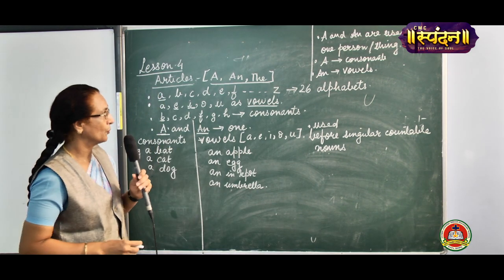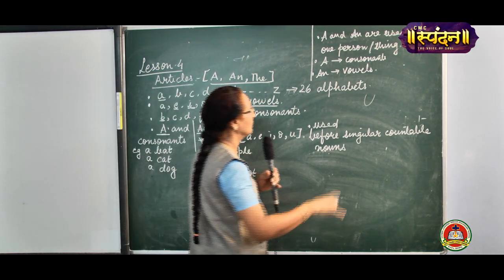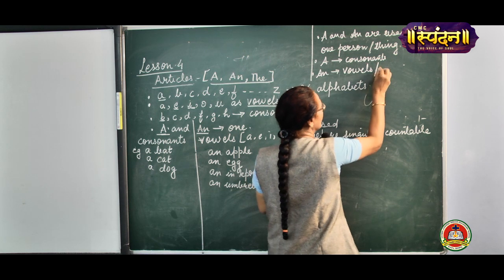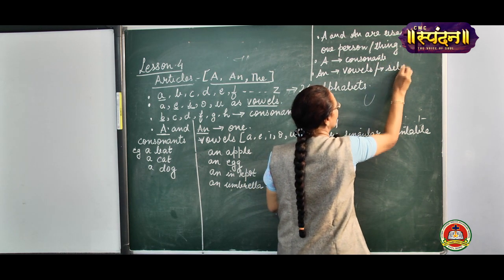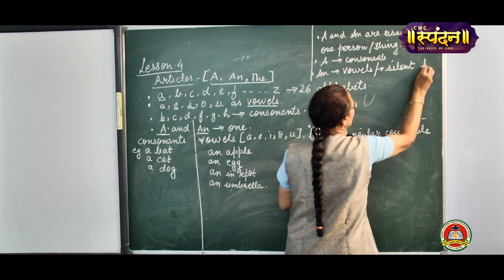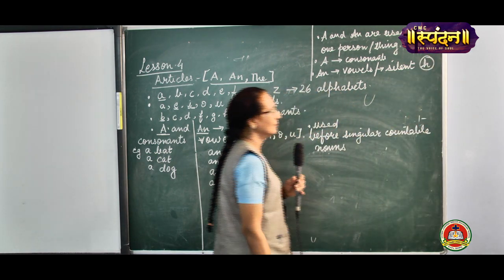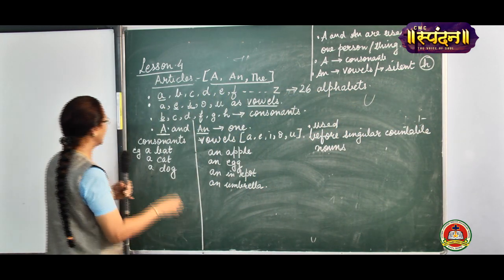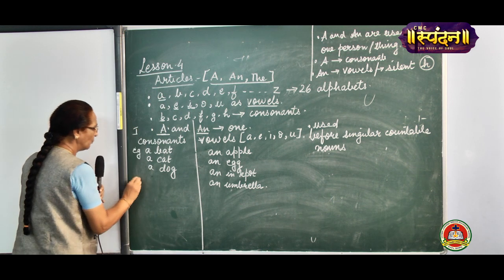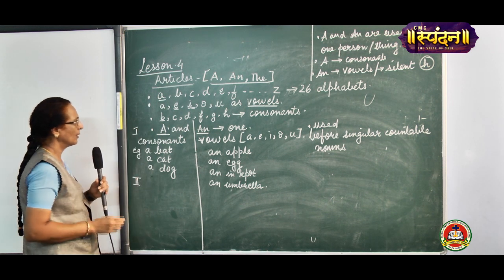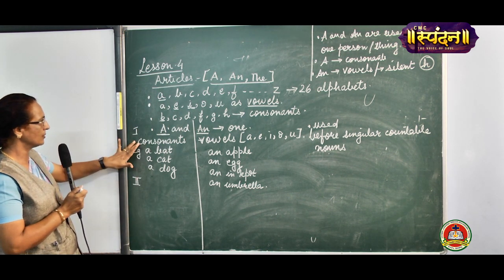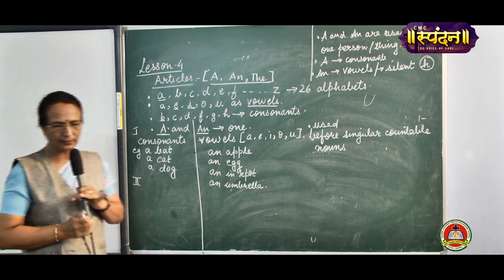An is used before vowels, but there are certain words where there is a silent H. Now the second point: there are certain words which begin with a vowel.